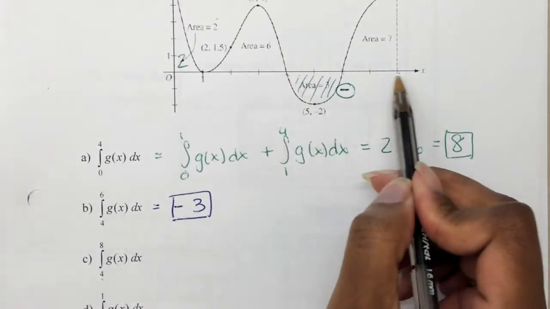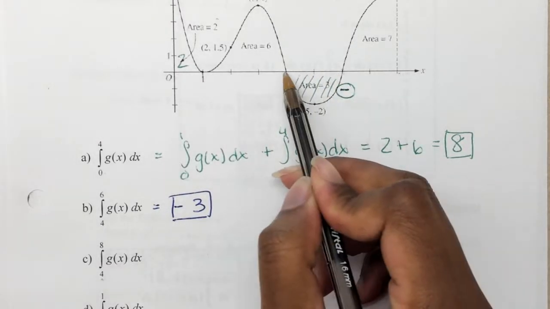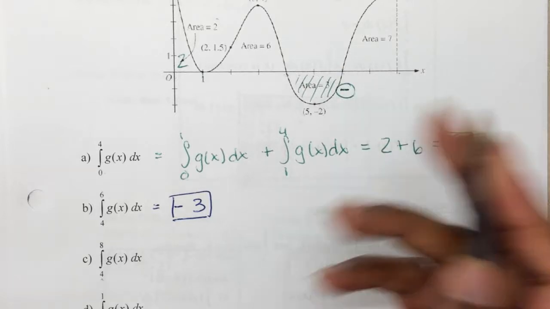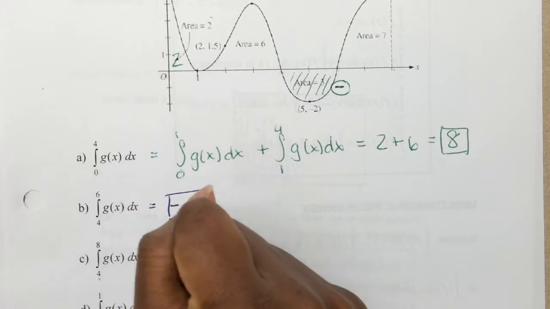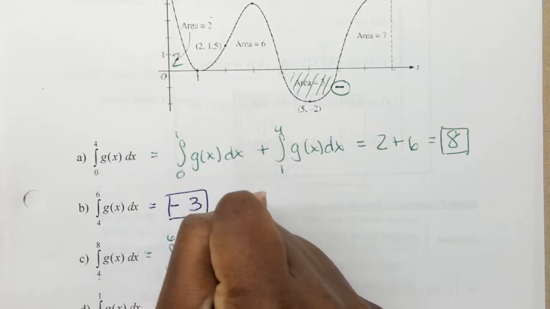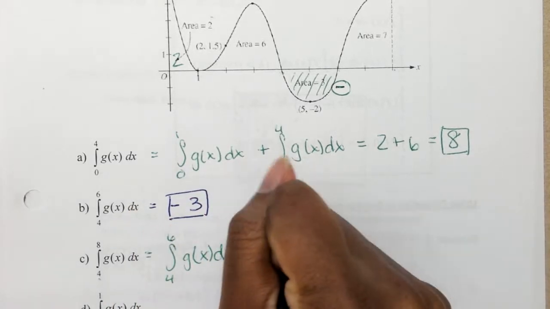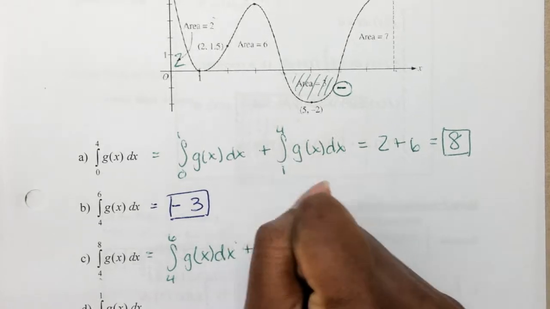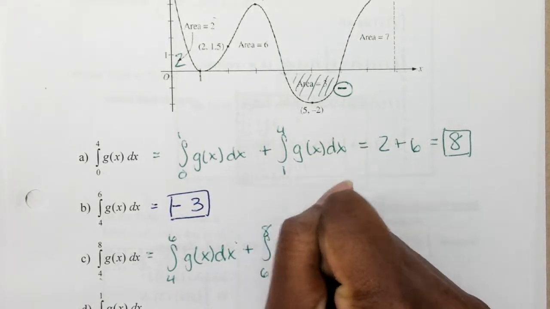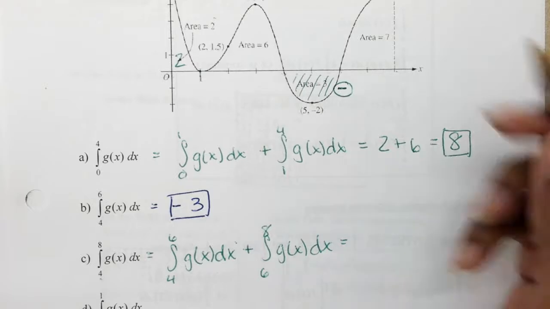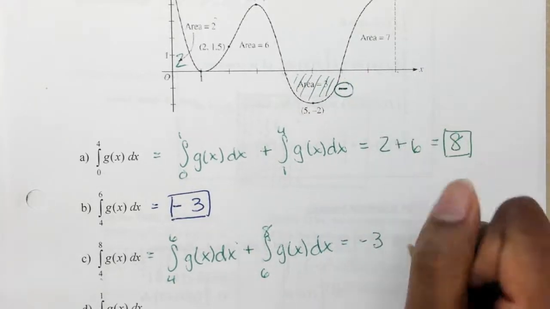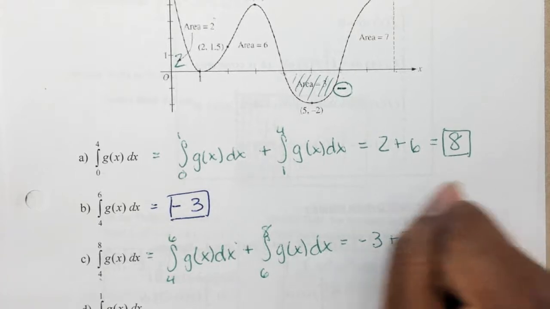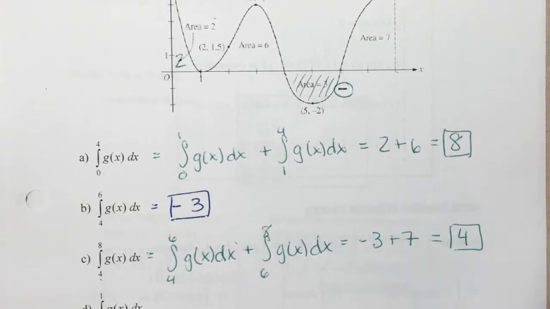So we have the area from 4 to 6, and we have the area from 6 to 8. So we're going to split this. So from 4 to 6, g of x dx plus 6 to 8, g of x dx. So from 4 to 6, we know we have negative 3, and from 6 to 8, we have 7, so our area is 4.